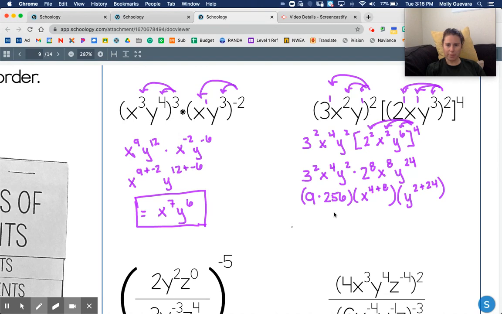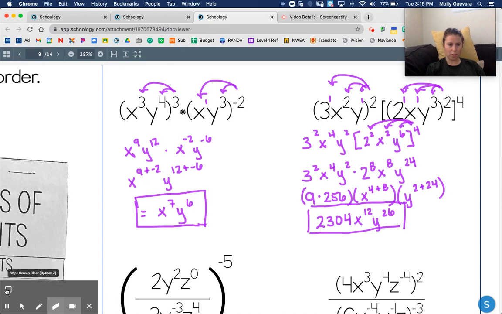So 256 times 9 is 2,304. Then I have x to the 4 plus 8 is 12. Y to the 2 plus 24 is 26. So there I am, completely simplified.